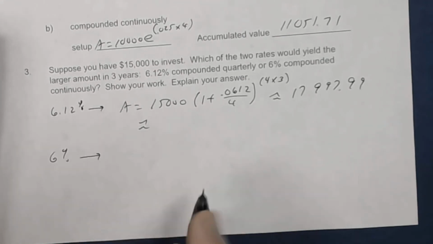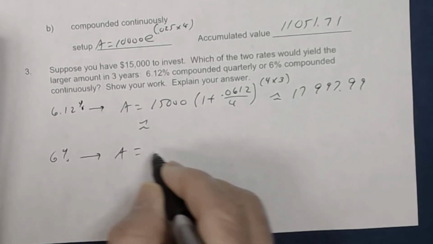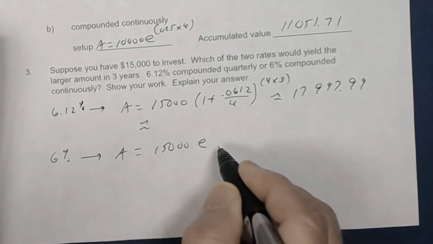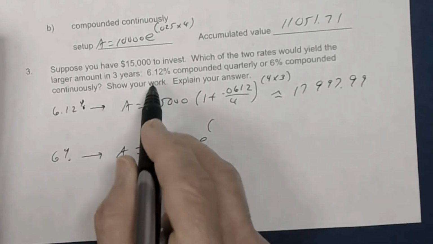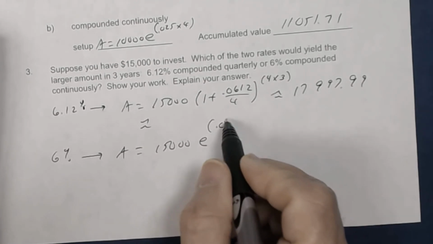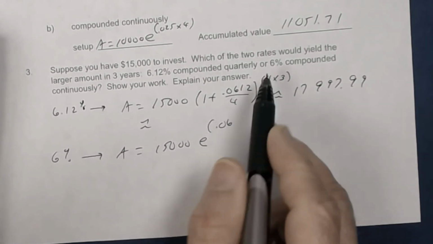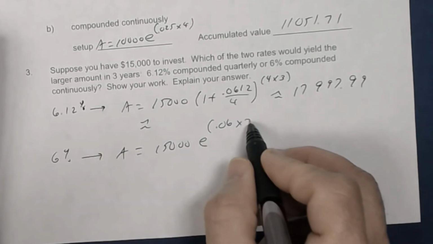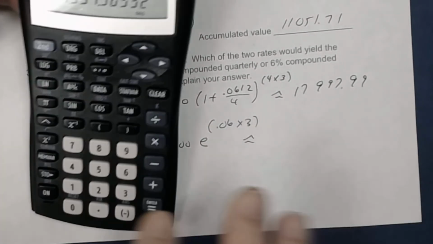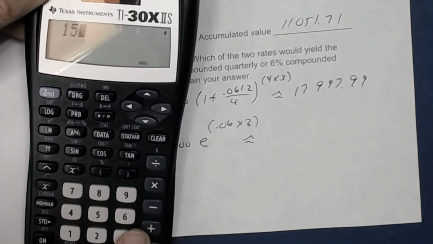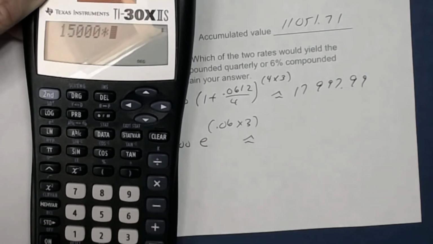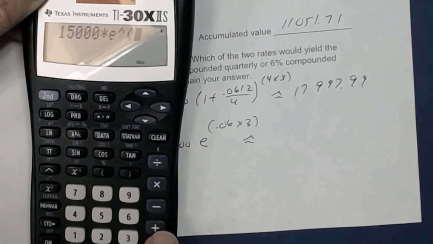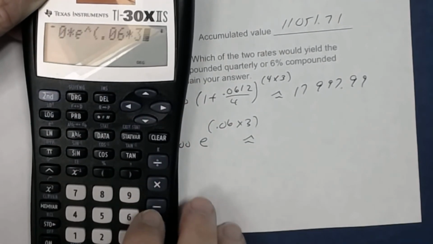Okay, now let's do the 6%. So for 6%, the accumulated value will equal 15,000 times E to the rate, 6%, so that's 0.06, right? Got to use that percent. Times the time, which is still 3 years. And let's see what that is. All right, so 15,000 times E raised to the 0.06 times 3.